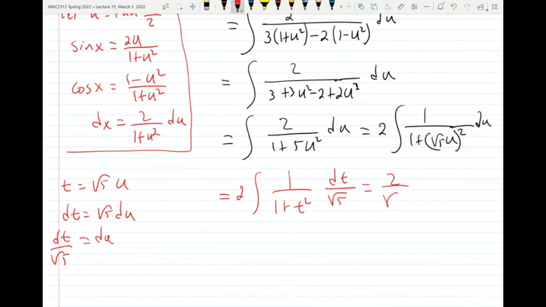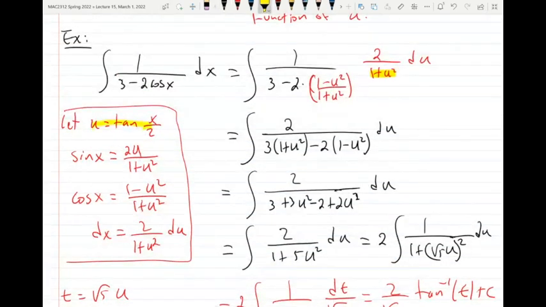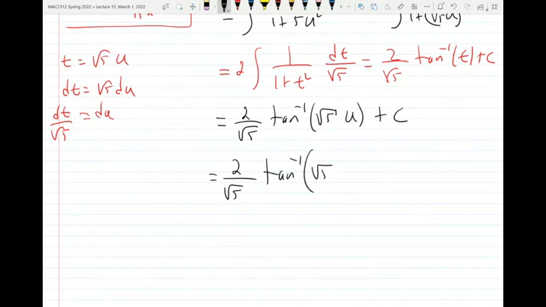This integral becomes 2 over square root of 5 times inverse tangent of t, which is 2 over square root of 5 inverse tangent of square root of 5 u. And what was u? Tangent of x over 2. So this becomes 2 over square root of 5 inverse tangent of the square root of 5 times tangent of x over 2.